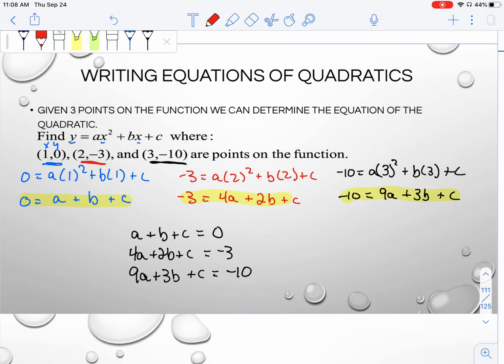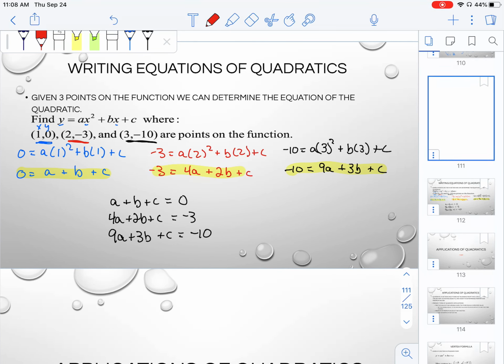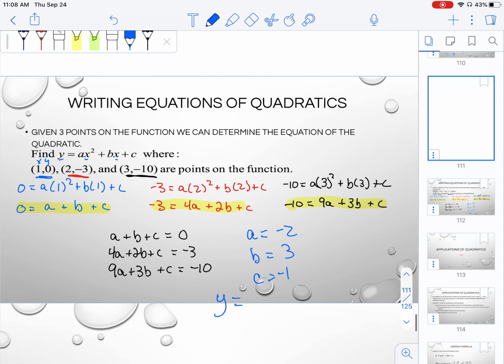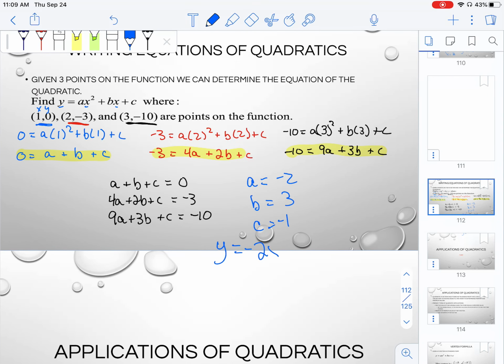Just make sure, once again, click over here, add another page after this one. Create some space to do your work. And we'll go over the answer here. For this one, a equals -2, b equals 3, c equals -1, which means if we plug that in for a, b, and c, your equation is y equals -2x squared plus 3x minus 1.